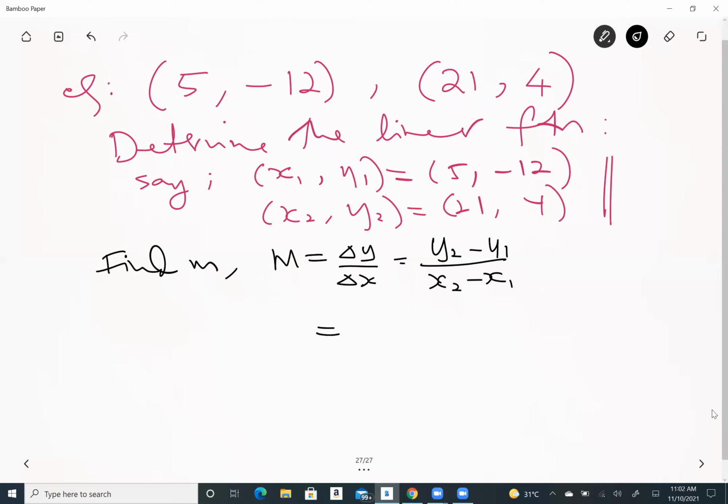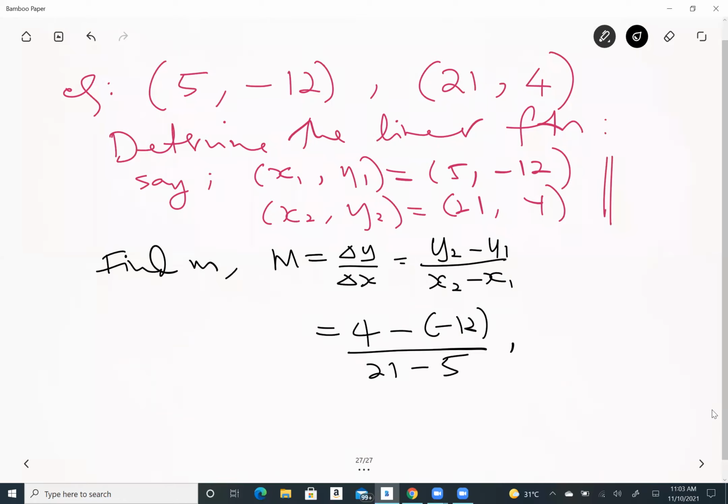By substitution, y2 is 4 minus y1, -12. So make sure you put in the sign correctly. It's not just 4 minus 12. It's 4 minus y1, and y1 is -12. You have to have a double negative sign too. Divided by x2 is 21 minus 5.